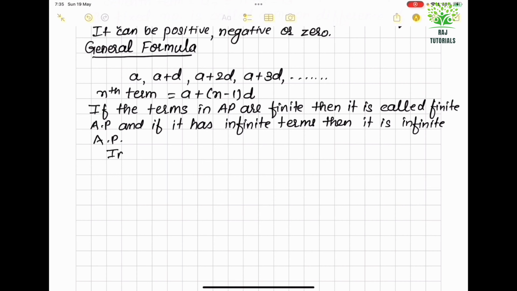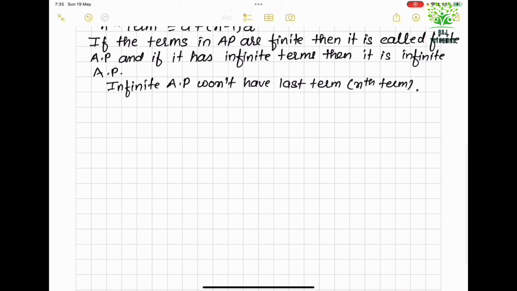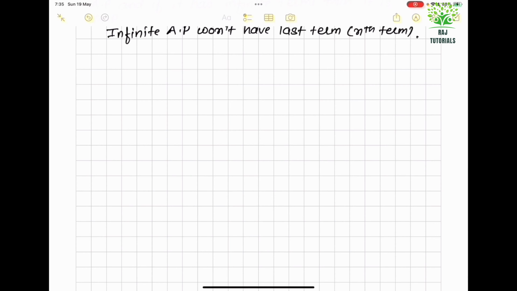Then an infinite AP won't have a last term. Last term means nth term. So you can't say that this will be the last term of the AP. First term we will know, but the last term we won't be able to say. Now let us understand by some examples.